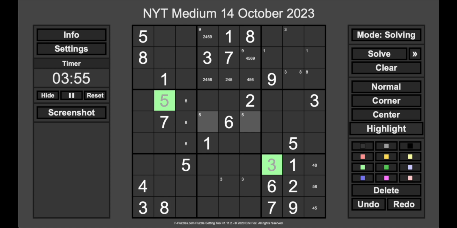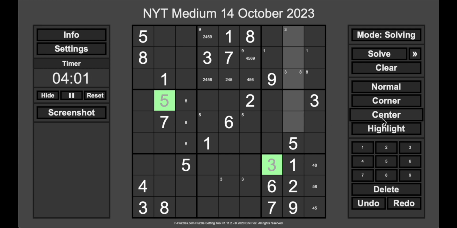Let's see, I've got 1, 2, 5, and 9. I need 3, 4, 6, 7, 8 for those cells in suborder. Of which these aren't 3, and this one can't be 6 or 7. That theoretically still could be anything.